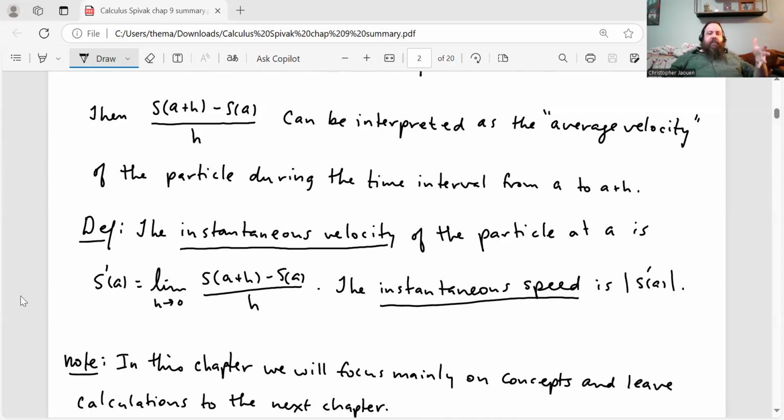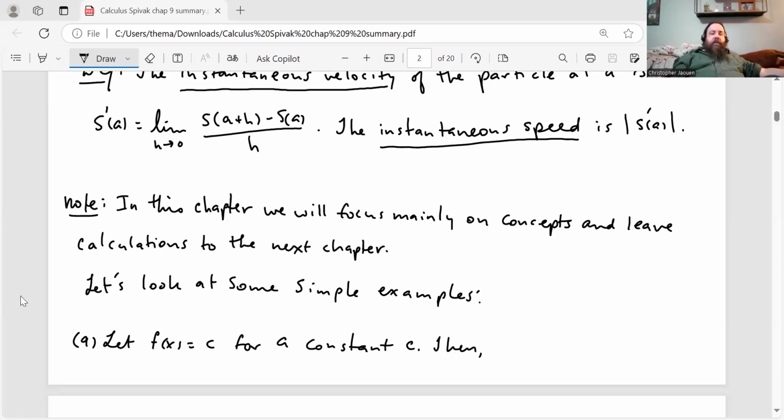So we're defining this formal object to be what we mean when we say instantaneous velocity. More generally, s doesn't have to be a position function. It could be any kind of function, and more generally we would say that the derivative is the rate of change of that function at some point.